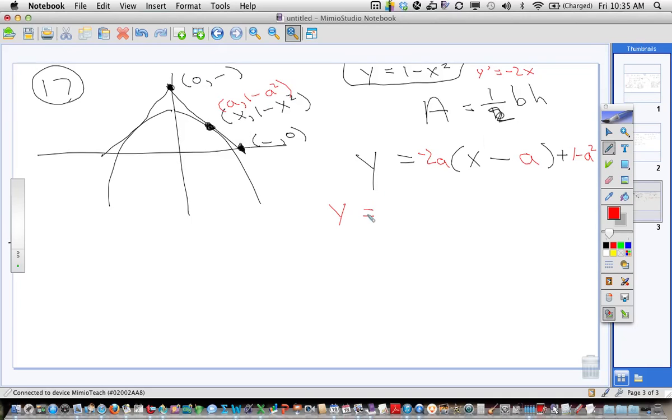We get y equals negative 2a times negative a plus 1 minus a squared. So y would equal 2a squared plus 1 minus a squared. So y would equal a squared plus 1.